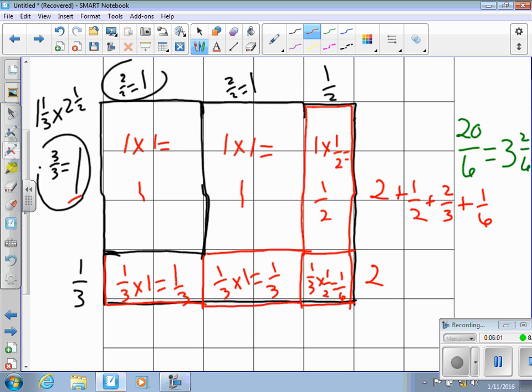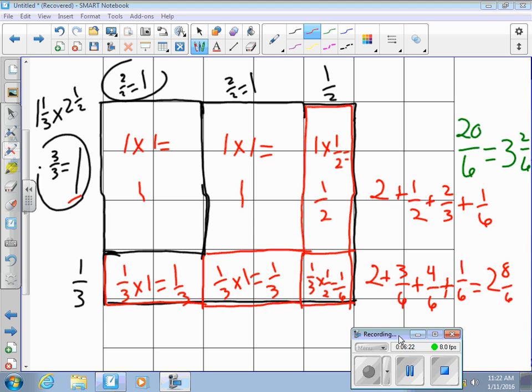We all know in 5th grade that 3/6 is the same as 1/2, and that 4/6 is the same as 2/3. We're going to rename these all to be 6. And when we add, we get 2 and 8/6, which we can rewrite as 3 and 2/6.